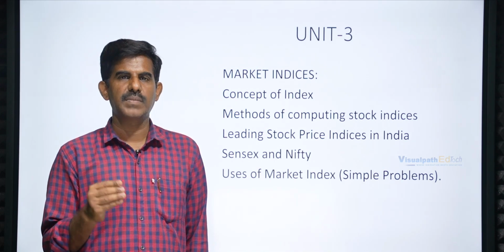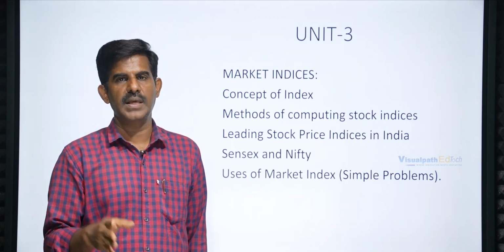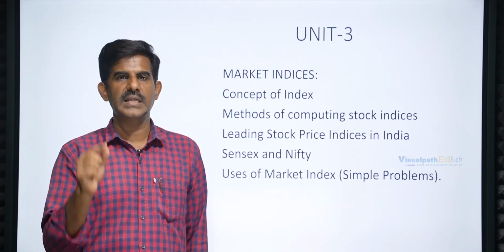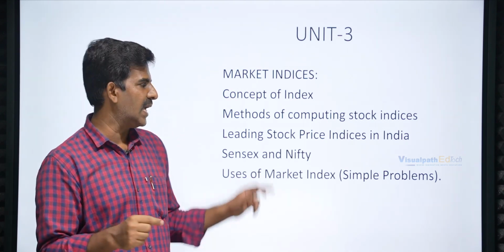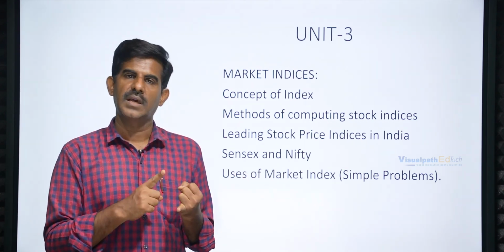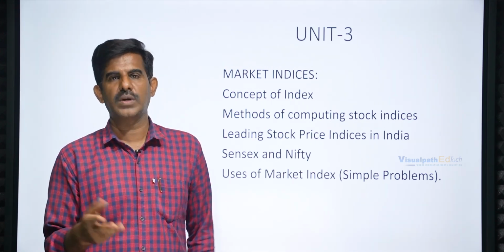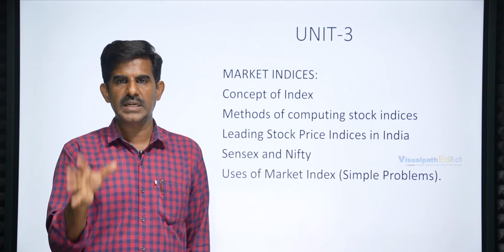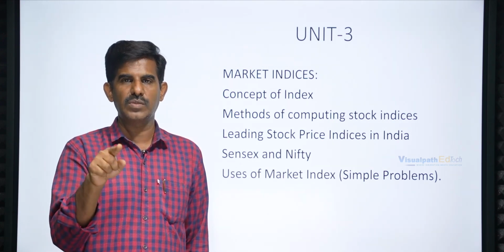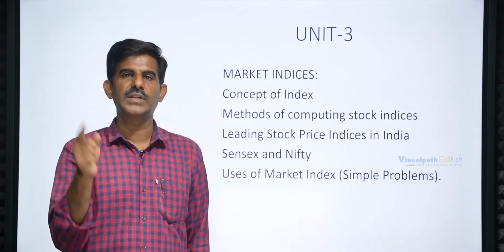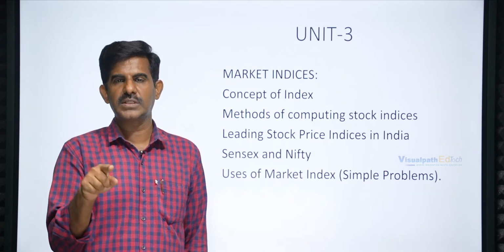Once the company has issued the shares to the public, they should see that their shares are listed in either of the two stock exchanges, either BSE or NSE. Why is this listing important? Because when the shares are listed, they will be visible to the people who already possess the shares.